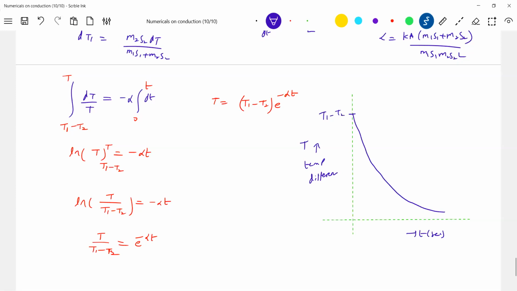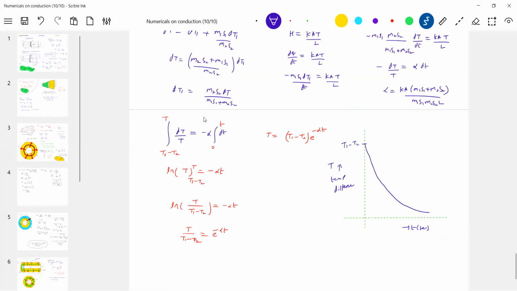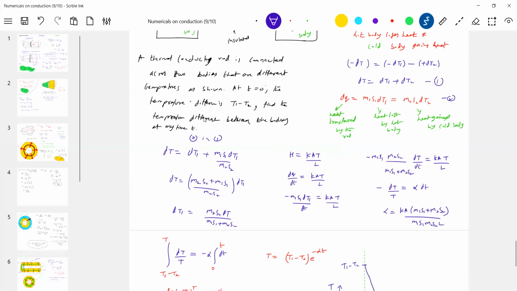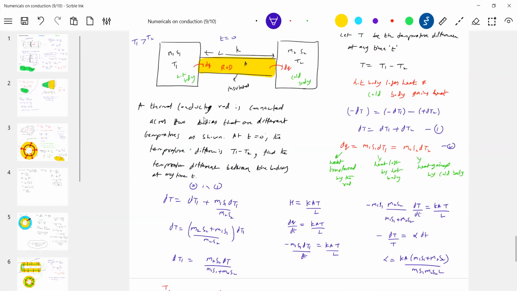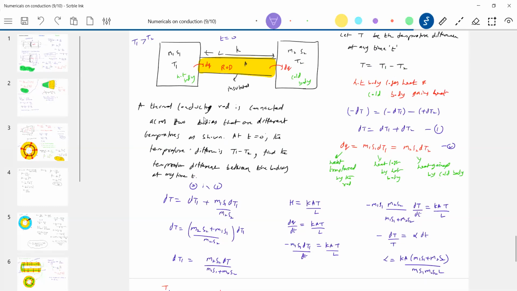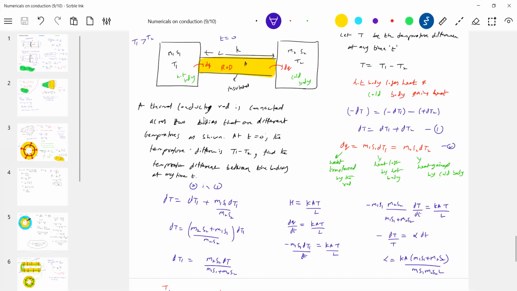Put t equal to 0, and put t equal to infinity, it will become 0. Finally, both the bodies will have the same temperature. Means when you connect a hot body with a cold body using a rod, how the temperature difference varies with time: it will not be linear, it will not suddenly become 0. No, it decreases exponentially. Therefore the curve is like this.